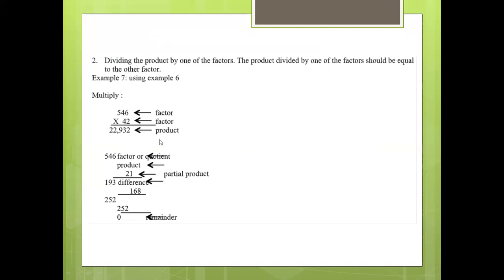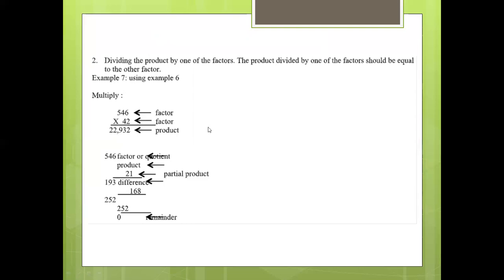But for dividing the product by one of the factors, we have here 546, the multiplicand factor, 42, which is our multiplier factor, and the product is 22,932.